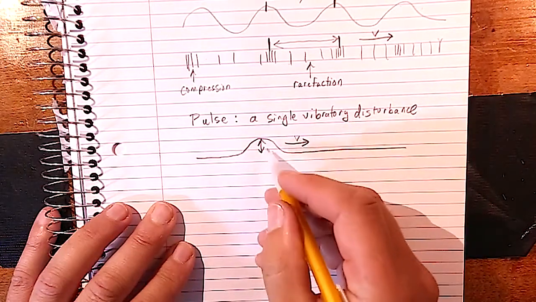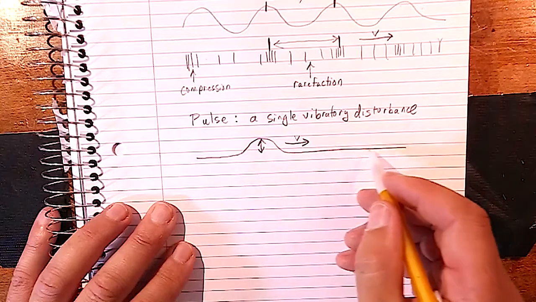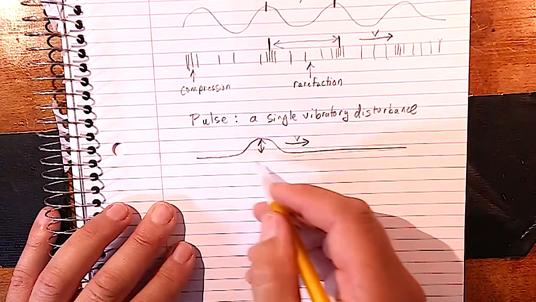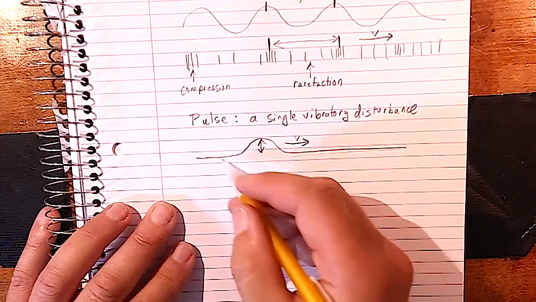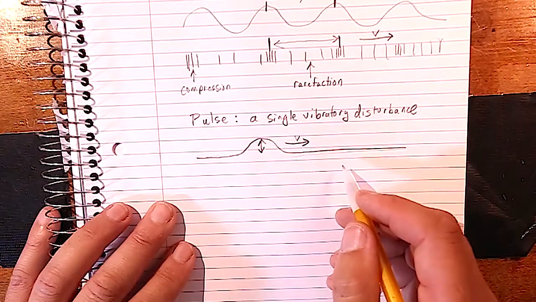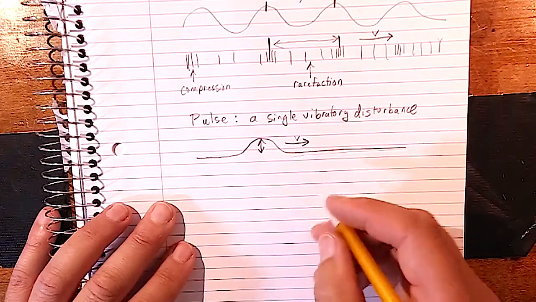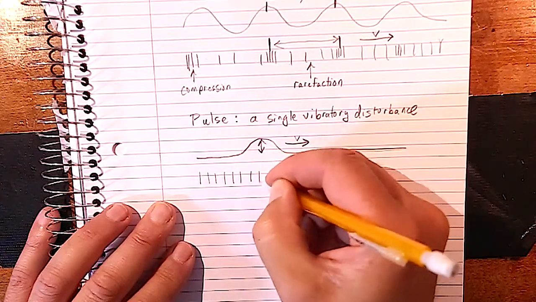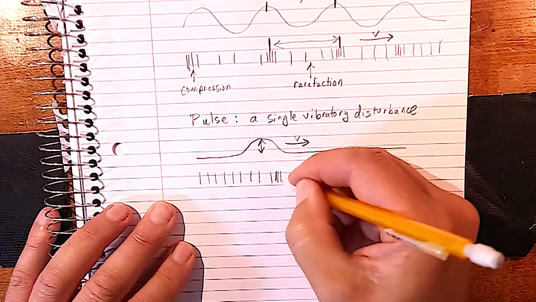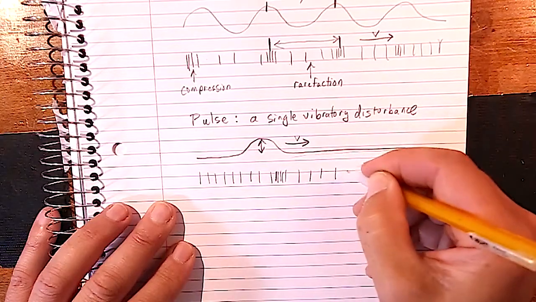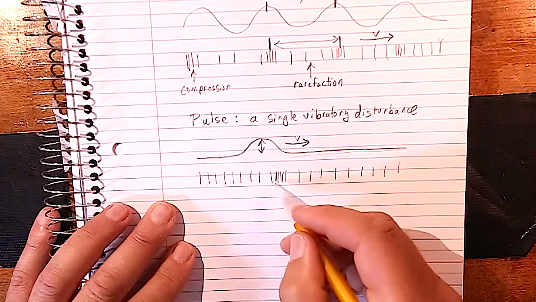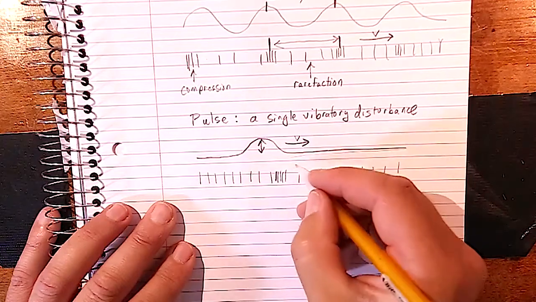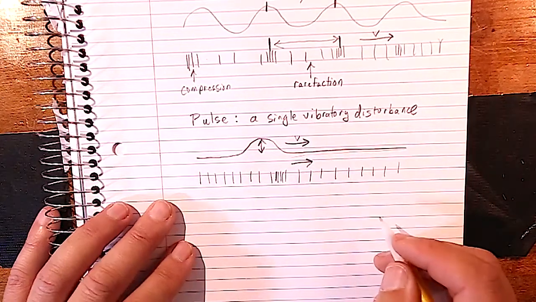This one vibration by itself is moving along, this is called our equilibrium position, along a rope, through the water, or whatever medium it happens to be traveling through. If we are looking at a longitudinal wave, which is a compression wave, then a pulse would be only a single compression propagating through the wave.